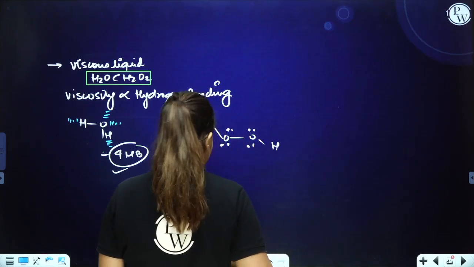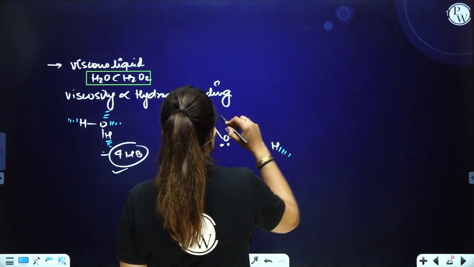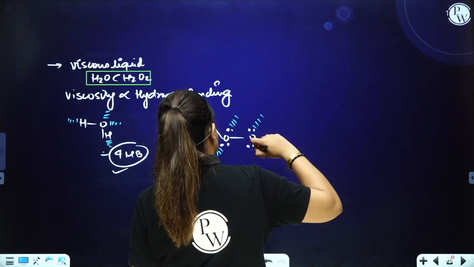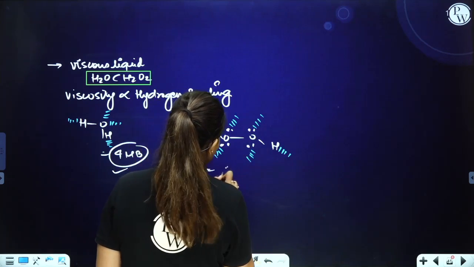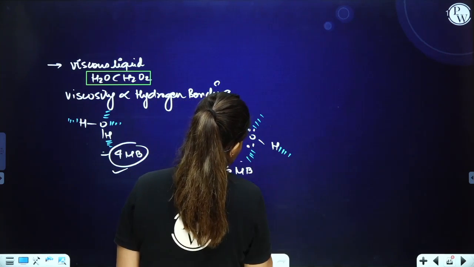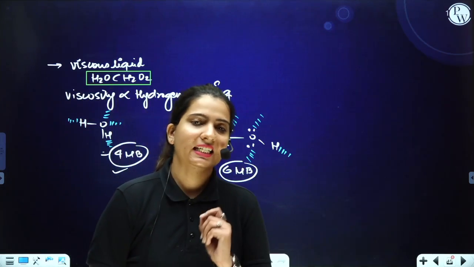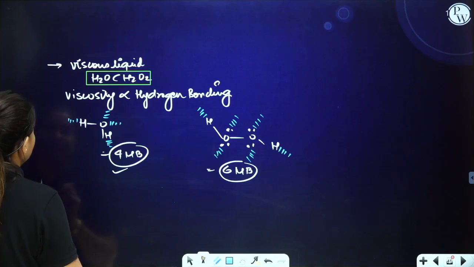According to you, one from each of these hydrogens and one each from these oxygens. If I count, there are a total of 6 hydrogen bonds in the case of H2O2. That's why its viscosity is greater than water.